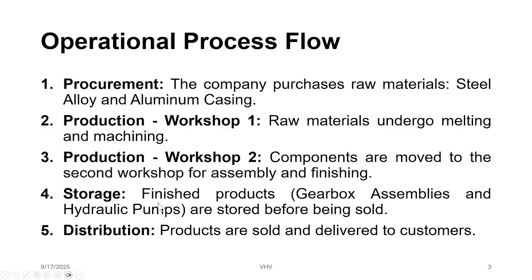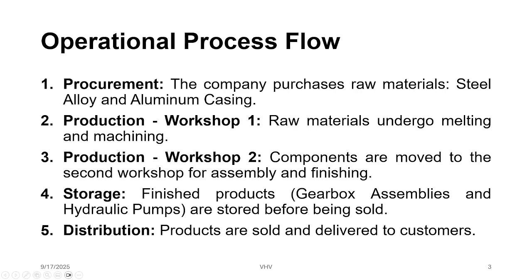Once the products are complete, and in this case the company makes two products, the gearbox assembly and the hydraulic pump, they are sent to storage as finished goods inventory.